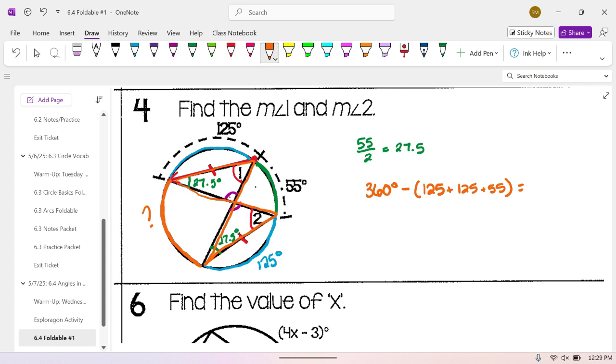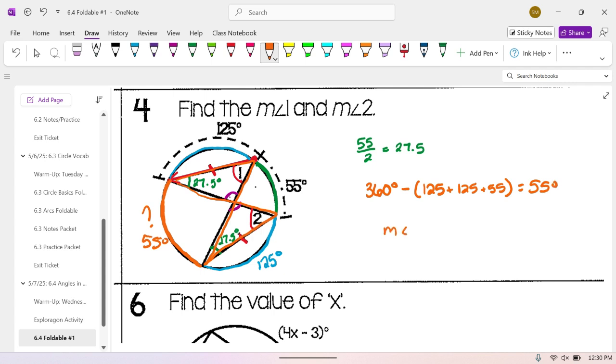Yeah, it's 55. So this is now 55 degrees, even though it does not look like it should be 55 degrees. It's not drawn to scale. All right, so this is 55 degrees.